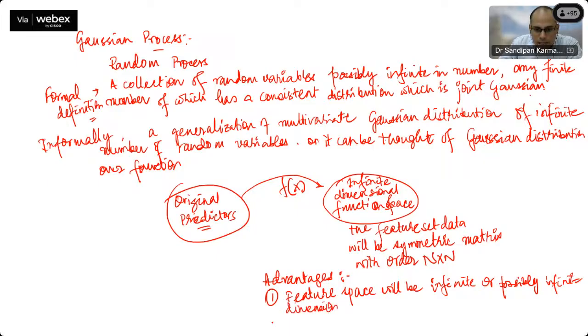Second, two rows of original data can be compared to get the distance between them.